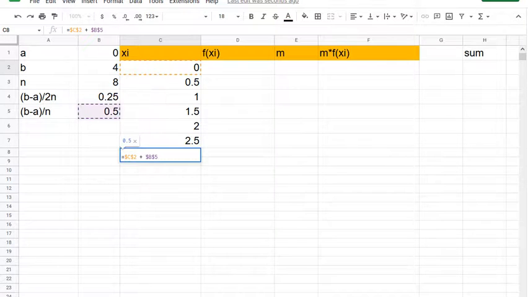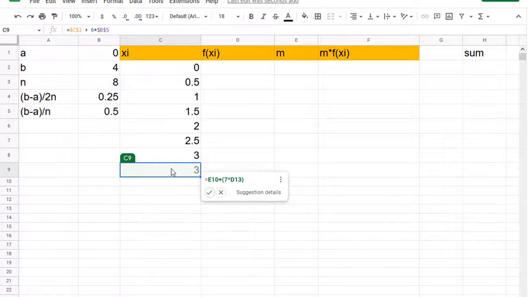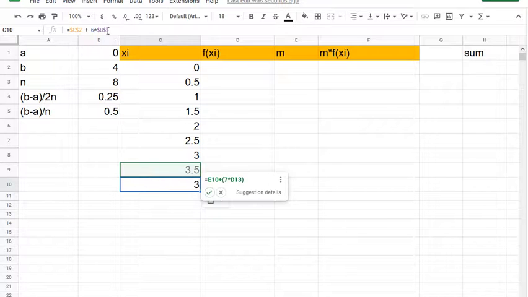And then this time, this is x of 0, 1, 2, 3, 4, 5, 6. So this would be 6 times. And then we copy this right here, and then we need to change this to a 7. And then if we paste right here, we change this to an 8.